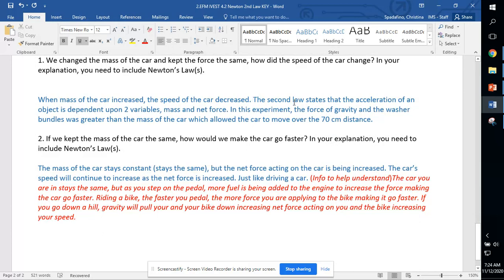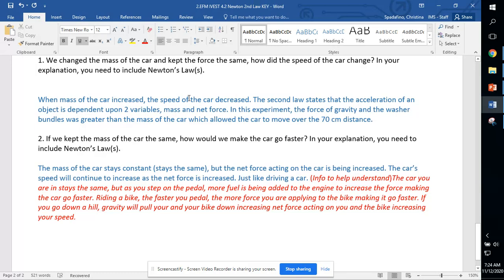And then the second law states that the acceleration of an object is dependent upon two variables, mass and net force. In this experiment, the force of gravity on the washer bundles was greater than the mass of the car, which allowed the car to move over the 70 centimeter distance. You are more than welcome to copy and paste this or put this in your own words.